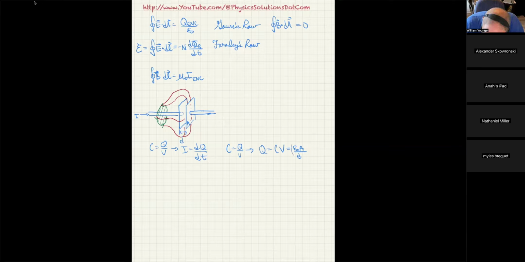And not only that, the voltage would actually be the electric field times the distance, so that's going to be the electric field times D, like that. Now you can see that in this particular case, the D's cancel out.